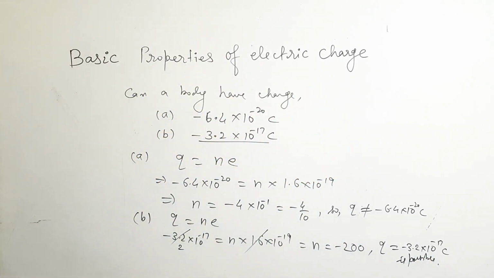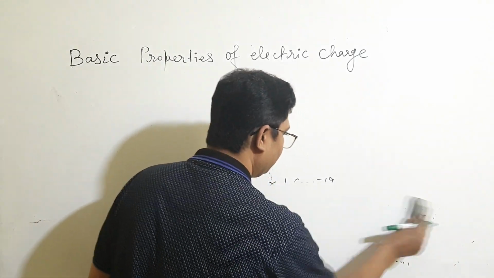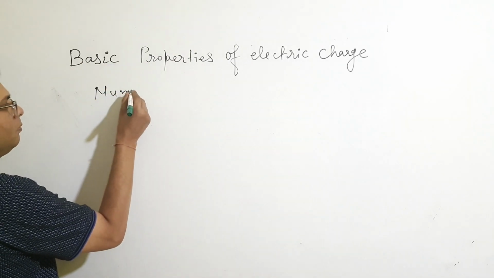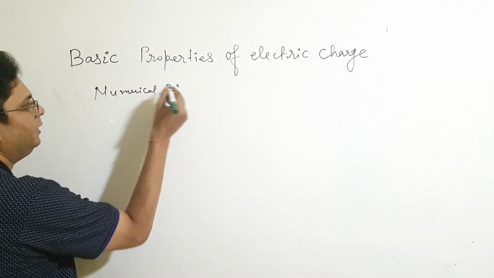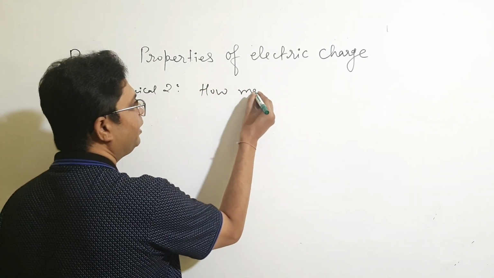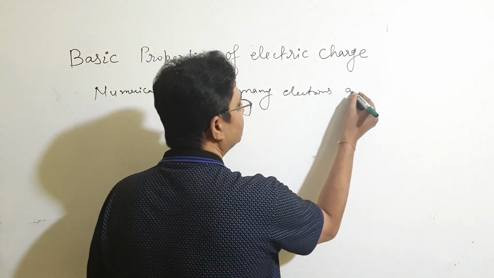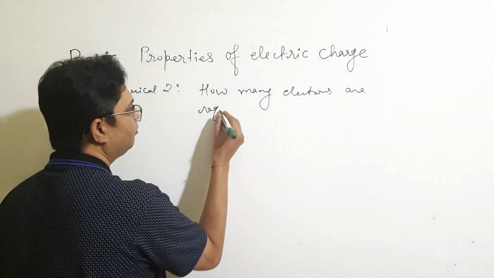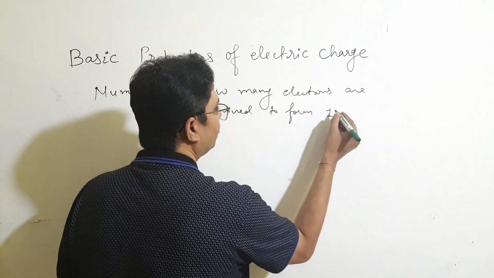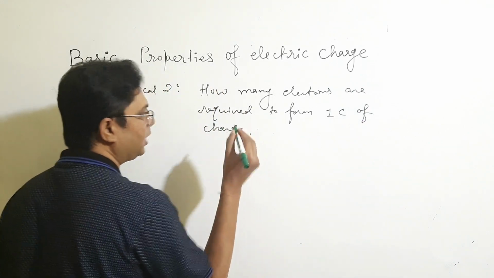Let us have another numerical. Numerical number two: how many electrons are required to form 1 coulomb of charge?